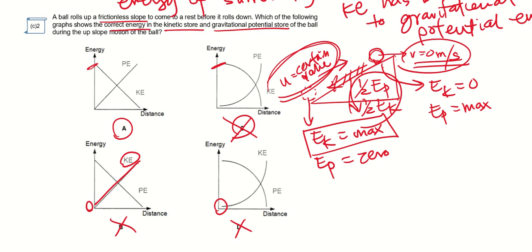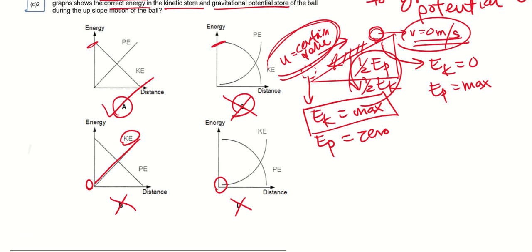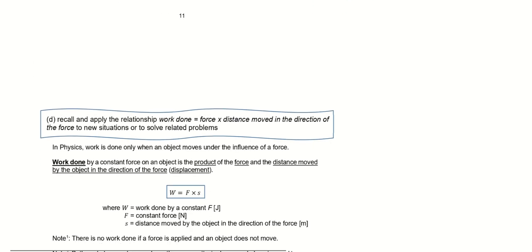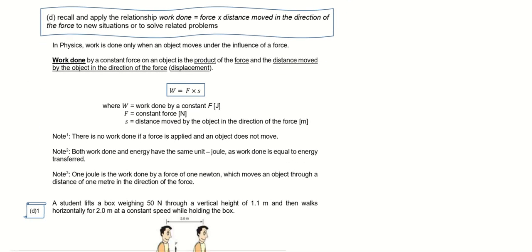So half of the energy in the kinetic store will be transferred to the gravitational potential store. It's a linear thing. The transfer is linear. So the answer is A. If you are not convinced, you can do some math calculation. Okay, so that was for success criteria C.